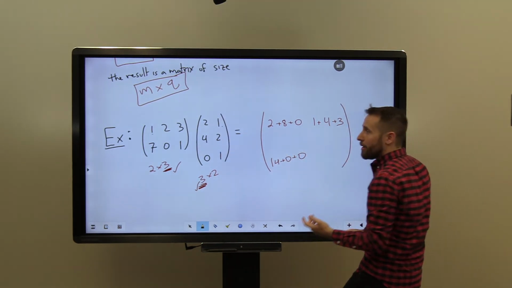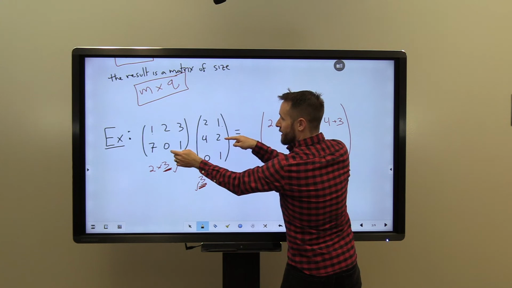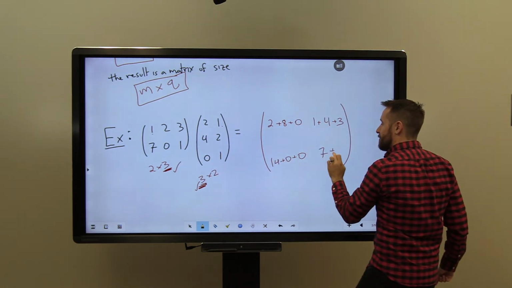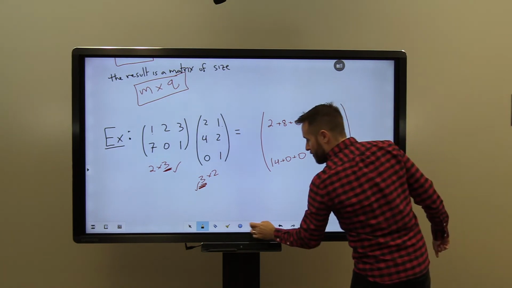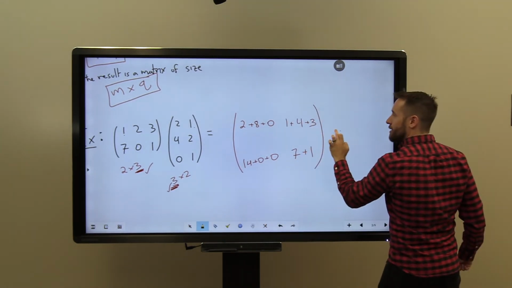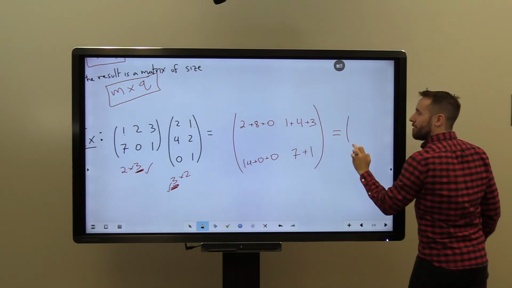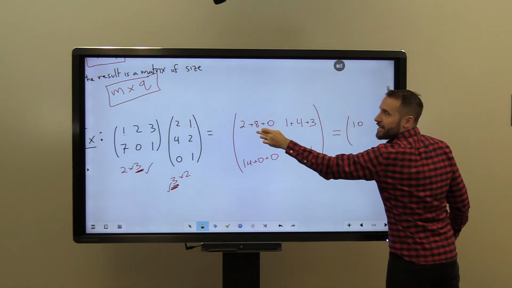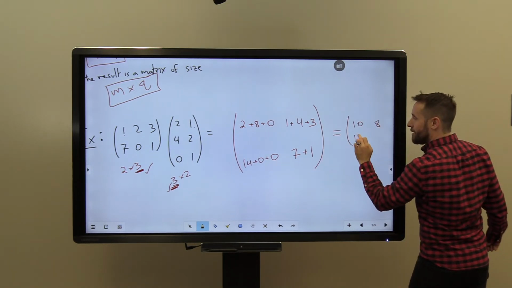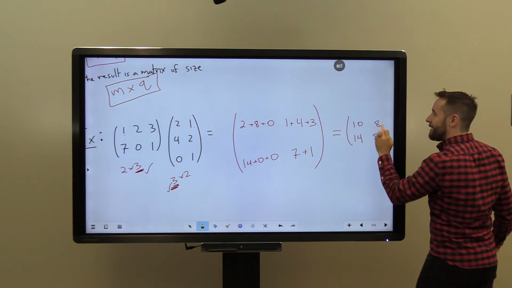And finally, the lower right will become 7 times 1 plus 0 times 2 plus 1 times 1. That's 7 plus 1. And so the end result will end up being a 2 by 2 matrix with the entries 10, 8, 14, and 8 again.